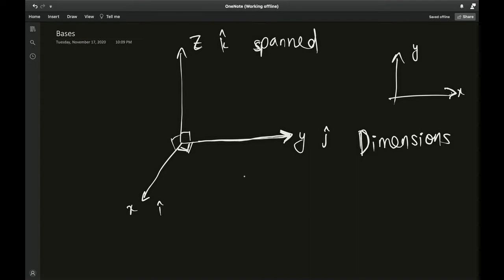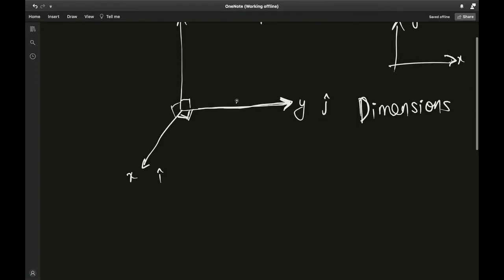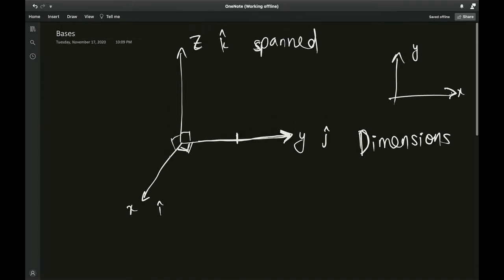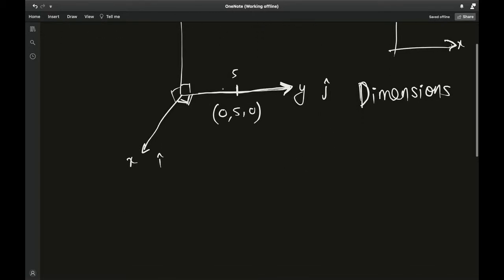These are unit vectors. The reason for denoting them as unit vectors is they have magnitude 1. So if you have a point like this over here, which has x 0 and z 0, so (0, 5, 0), you can denote this point, let's call it P, to be 0 i cap plus 5 j cap plus 0 k cap.